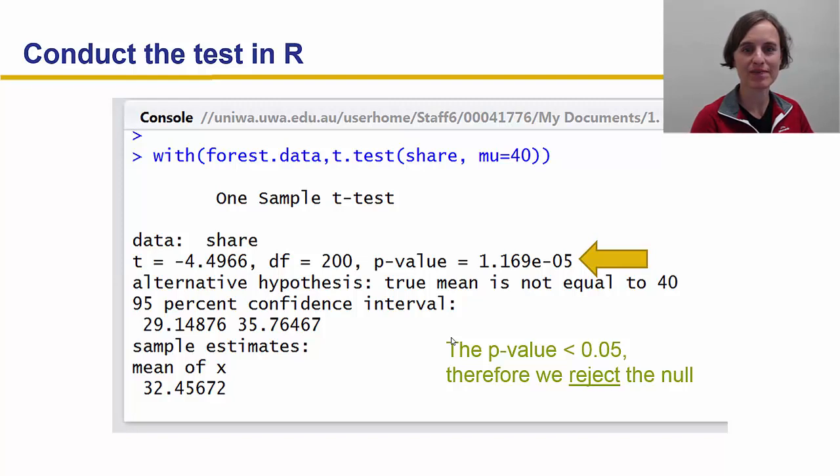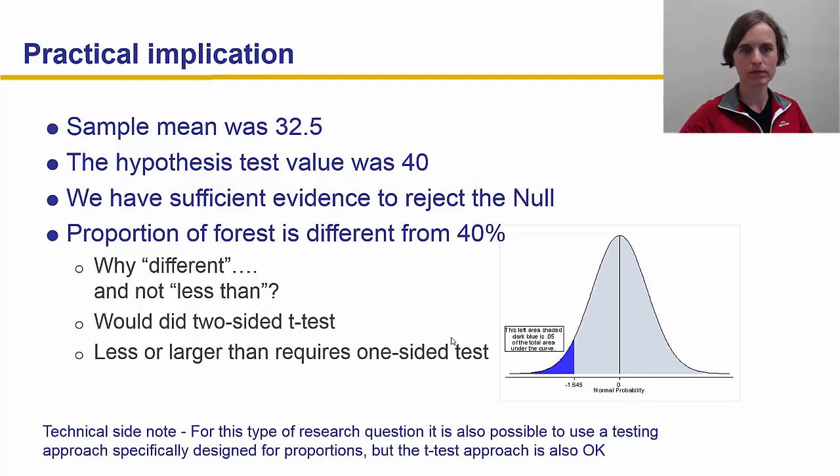We're not certain that that null hypothesis is actually true. So sample mean was 32.5. We hypothesized 40, and we find that it's not actually 40. The proportion of forest in the world is different from 40%.